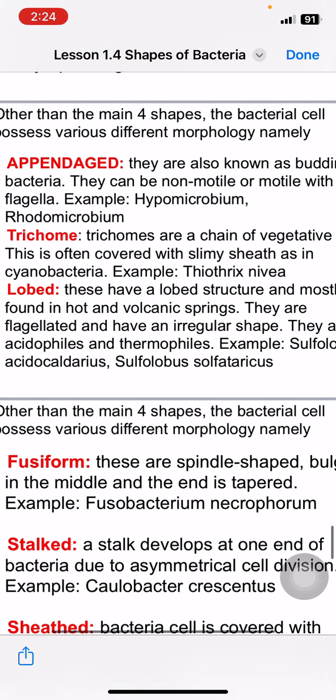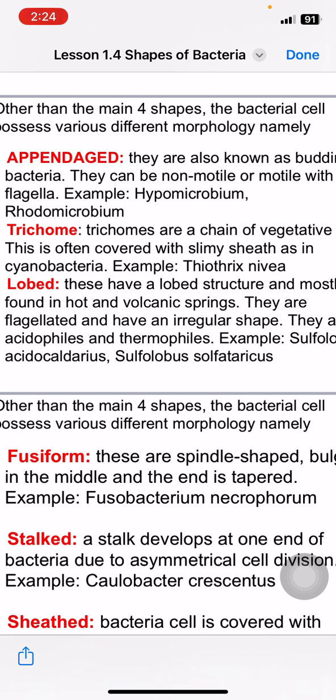We have trichome, which is a chain of vegetative cells, often covered with a slimy sheet, as in cyanobacteria. When we say slimy sheet, it also contains water and plasma.